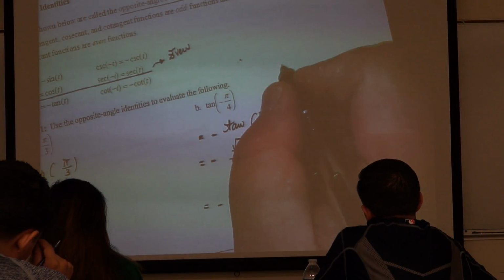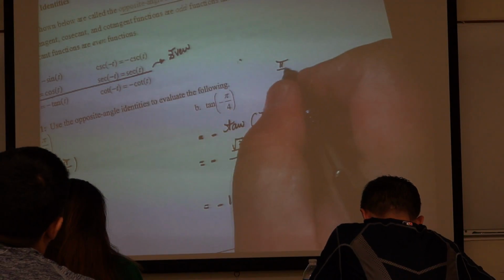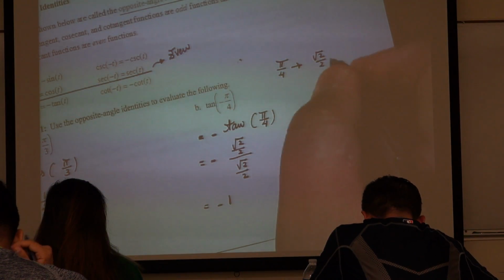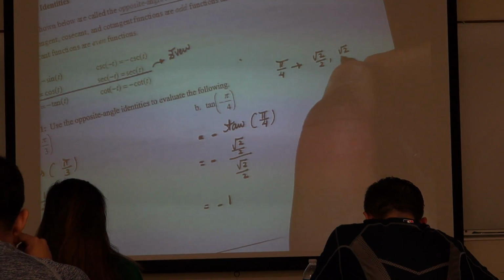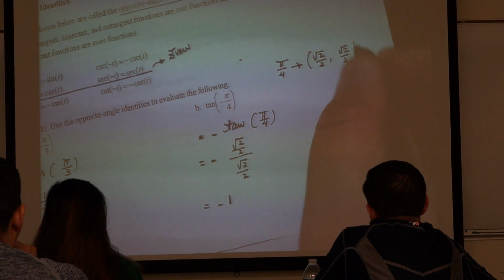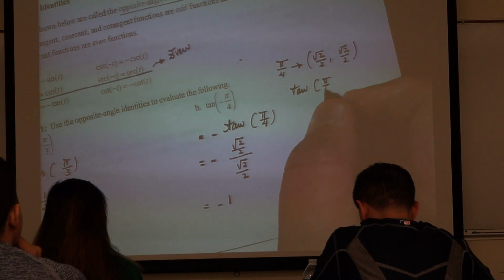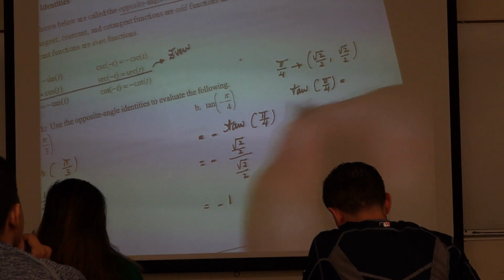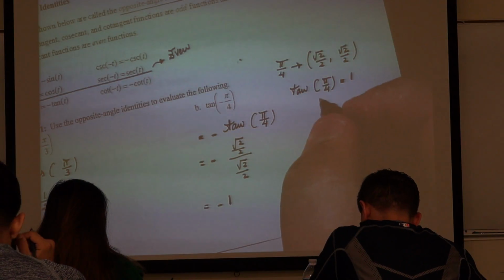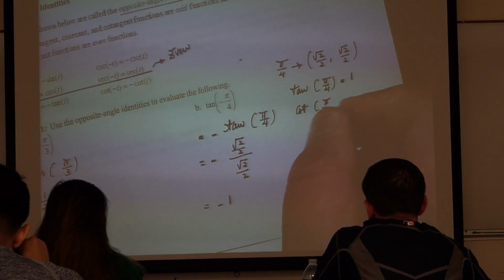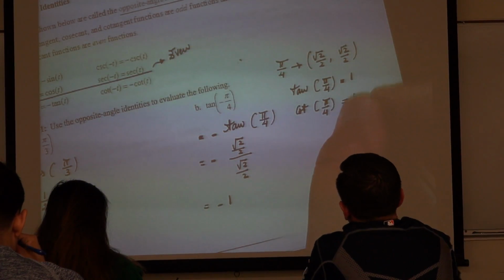Because pi over 4 on the unit circle is associated with square root of 2 over 2 and square root of 2 over 2. So if I have tangent of pi over 4, that will give you 1. Also, what else gives you 1? Cotangent of what? It gives you also what?